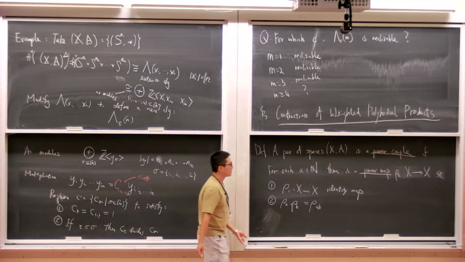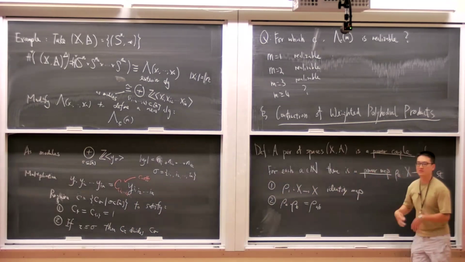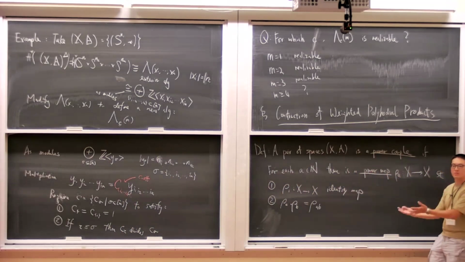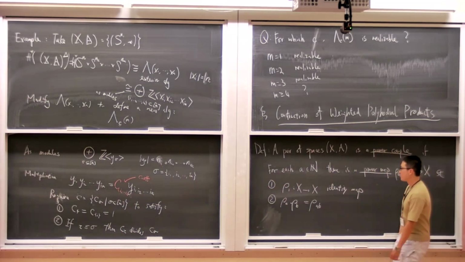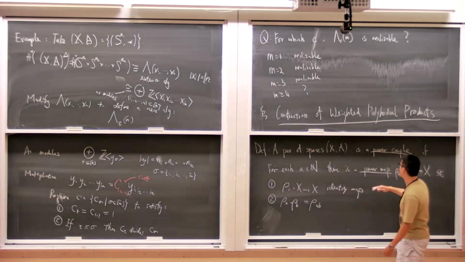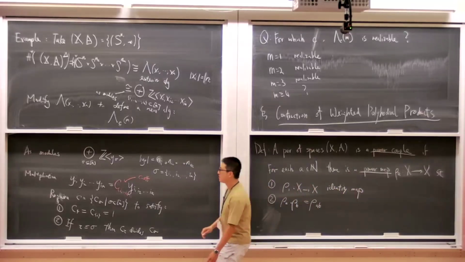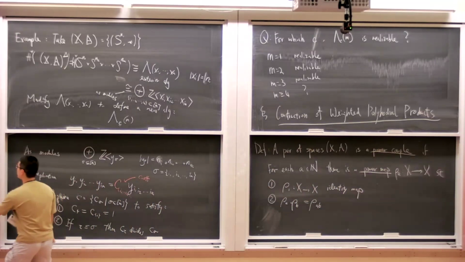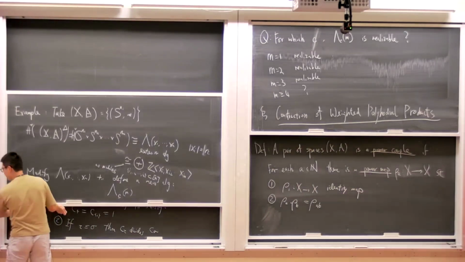So essentially, the motivation of a power map is just a power map of topological monoids. So let me give you some examples of power couples. Okay, I still want to use this board, so maybe I'll just clean it.